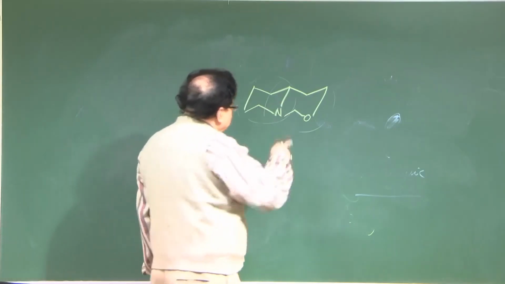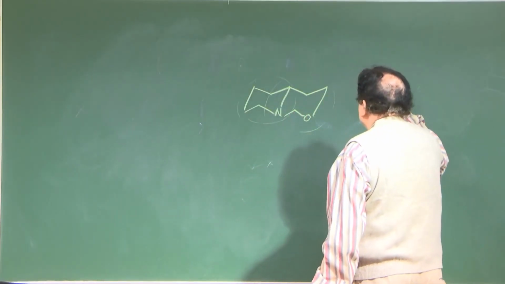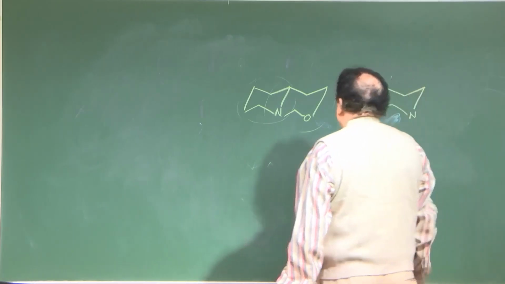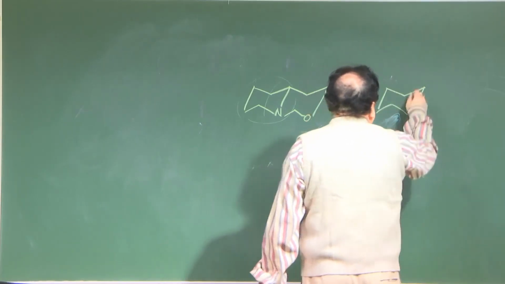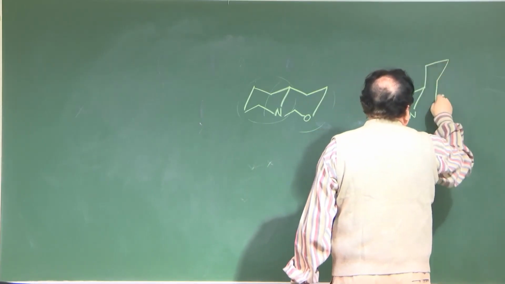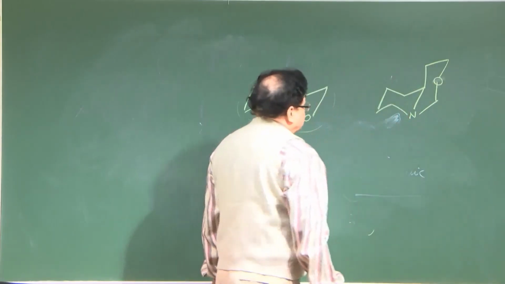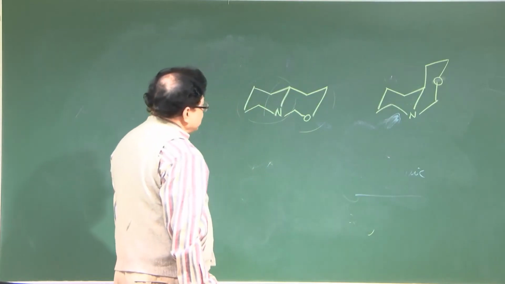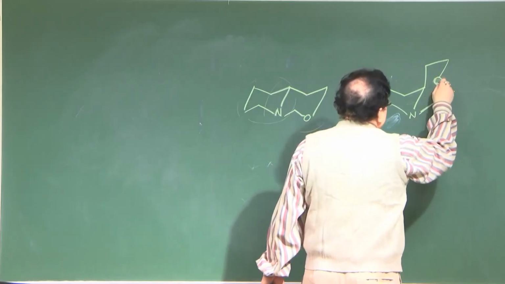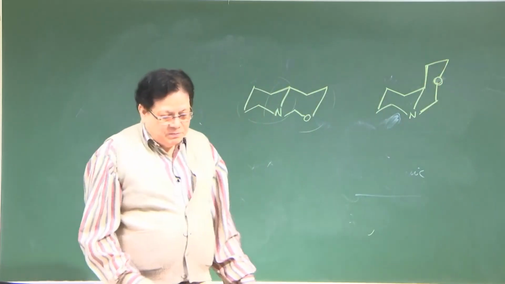Now, it can exist in the trans form or it can exist in the cis form also. Let me try to draw the cis form, so this is the cis form. So, now the question is which one will be more stable.